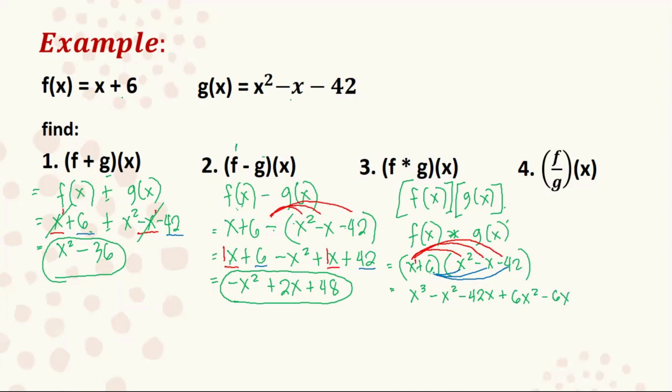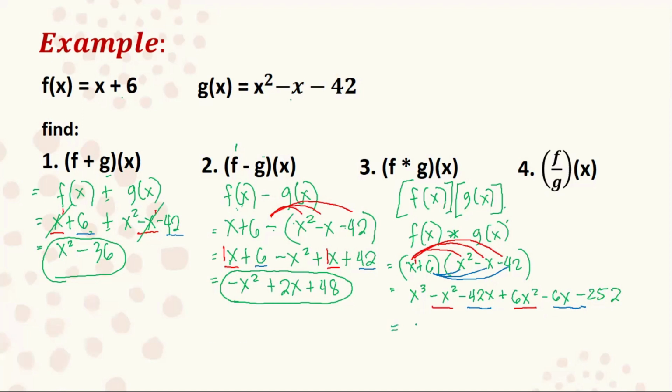Then lastly, 6 times negative 42 is negative 252. Okay, what's next? Combine like terms. This term can be combined with this. And this term can be combined with this. Then walang maiko-combine sa x cube and wala din maiko-combine sa constant na ito.